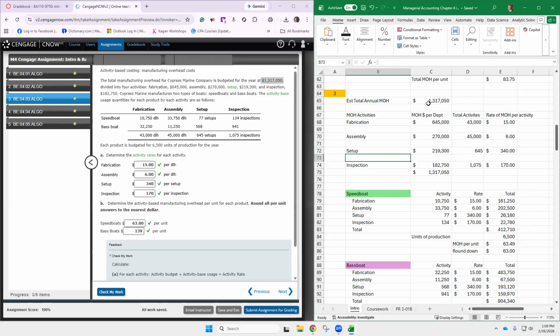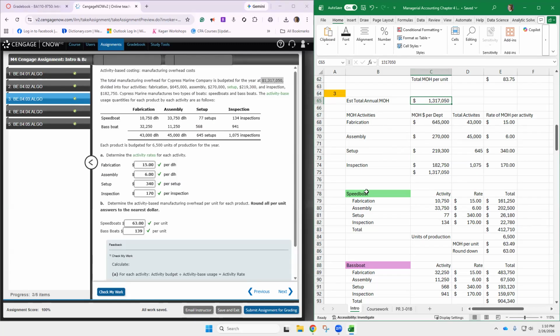We put that in right here in the spreadsheet. And now they've got 4 activities that they allocate the overhead over, and here is how much of the overhead each activity gets. And that's from up here.